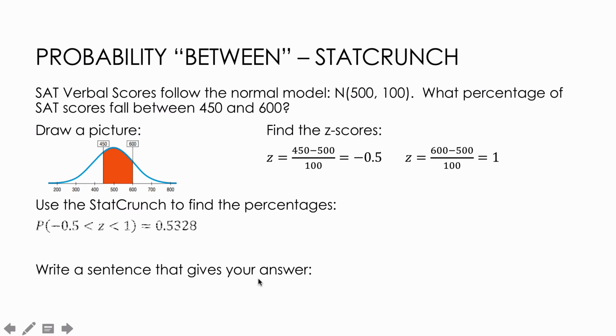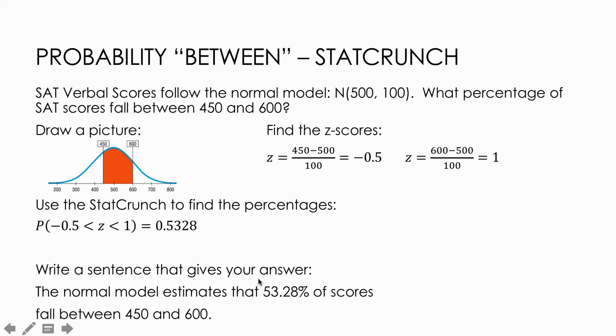So back over here I can say that the normal model estimates that 53.28% of scores fall between 450 and 600. One more thing I want to point out, remember when we're showing our work here, we are writing our answer as a decimal.